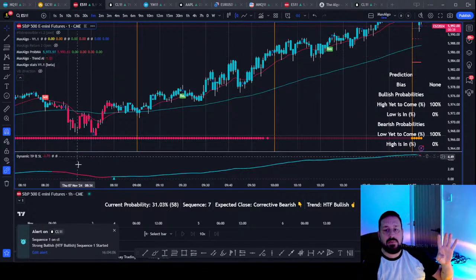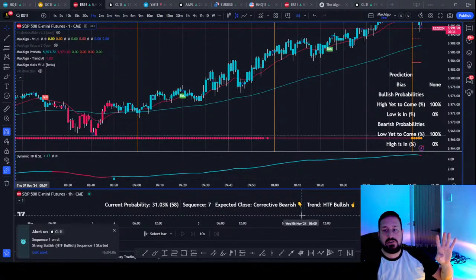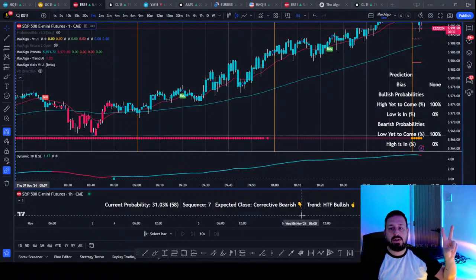You can see here at the moment we are corrective bearish. We then have two higher time frame biases: bullish, bearish. So there are 8 different options, because obviously you can be bullish in a higher time frame bullish, and you can be bullish in a higher time frame bearish. Does that make sense? Okay.